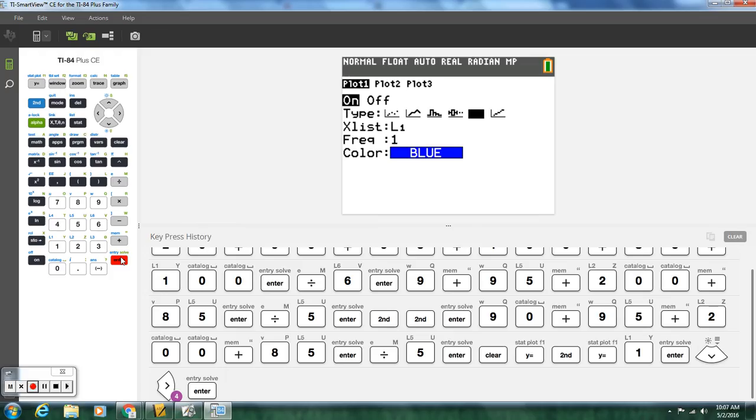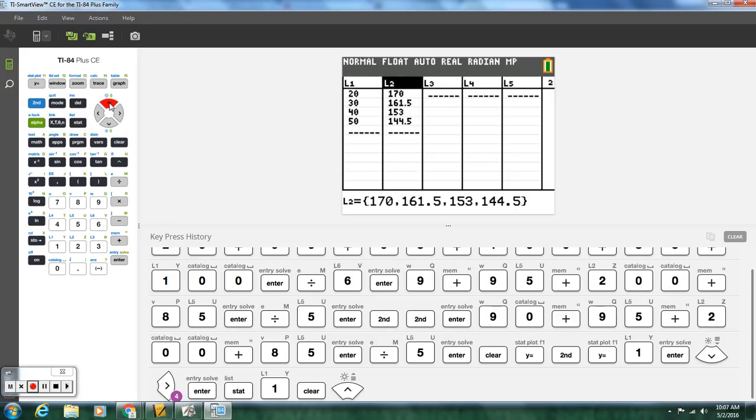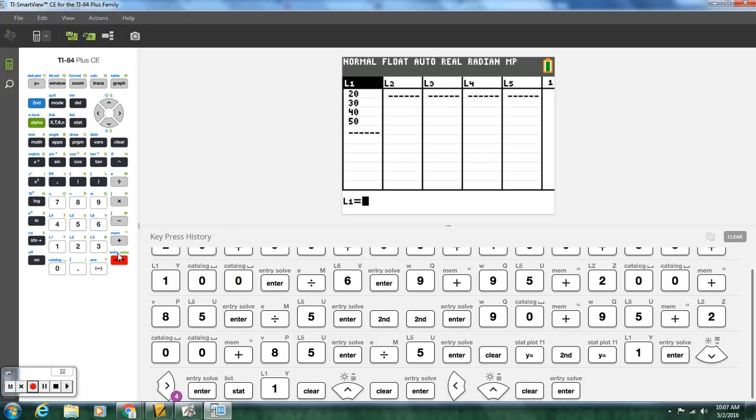All right, now we've got to put our data points in here. So go to stat, edit, and clear out anything you might have in there. Now we're going to put our numbers in.